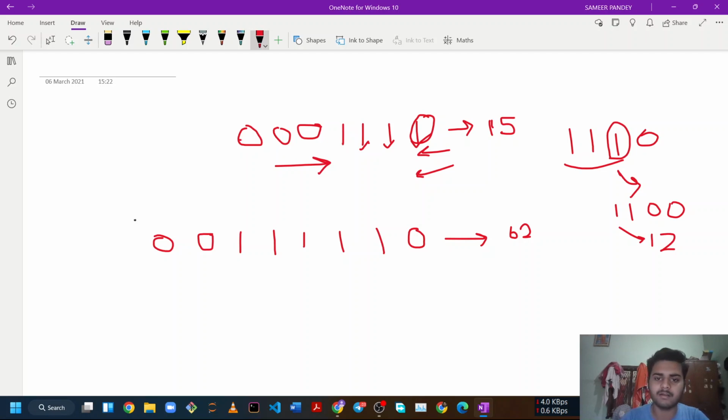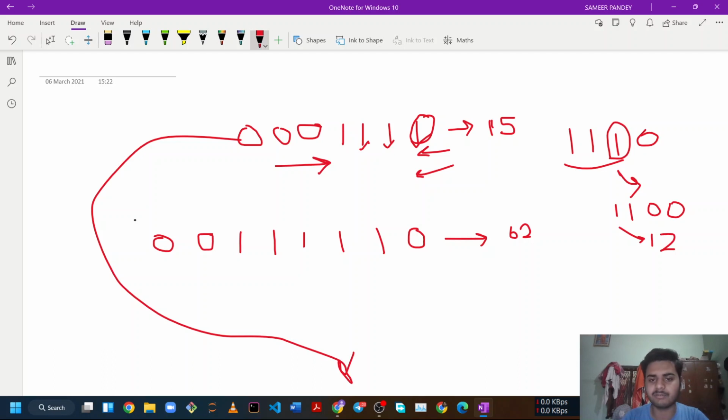Let's observe what happens if I travel from the left. I see 1 1 1, so I unset this bit because it is on the left side. It becomes 1 1 0 1, which is 13. So we can observe that when we traverse from the left side, it gives the maximum value here.